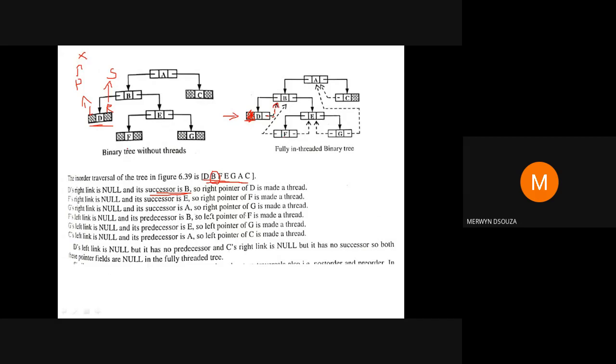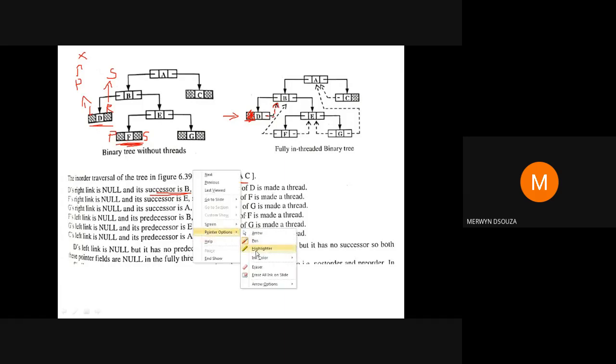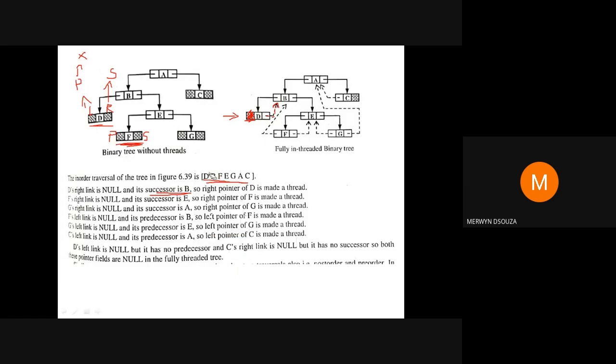Similarly, take the next node that is having null pointers. On the left side, you're going to put the predecessor of F. On the right side, you're going to put the successor of F. So let's find out the predecessor of F. From where are you going to find it? Using the traversal.